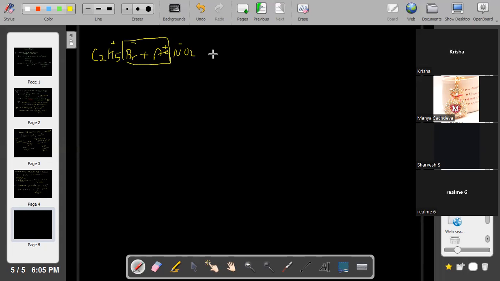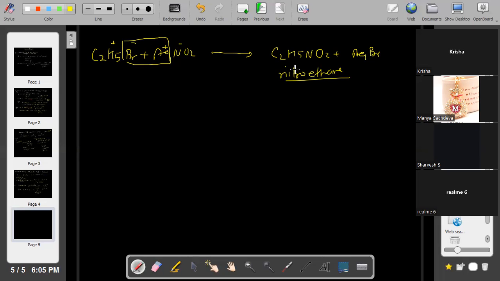AgBr moves out, and you will get C2H5NO2 plus AgBr. You will see this is nitroethane, the name of this compound. Clear?